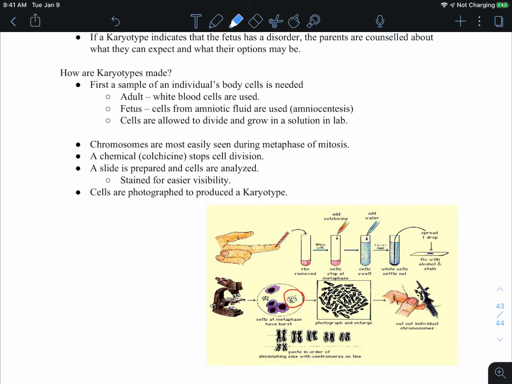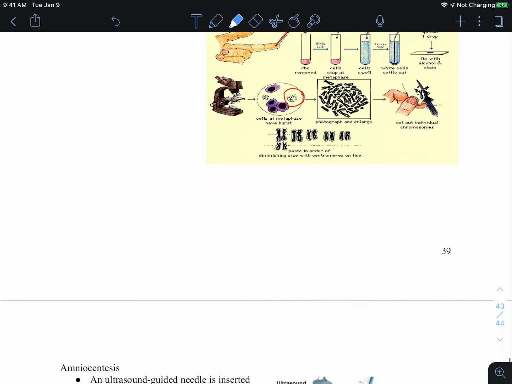If you have more or fewer chromosomes than you expect, then that would tell you that some sort of chromosomal disorder or change has happened. And that's how a karyotype is made.